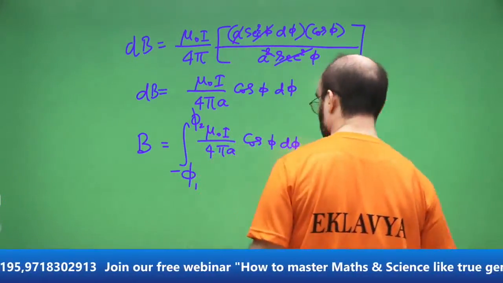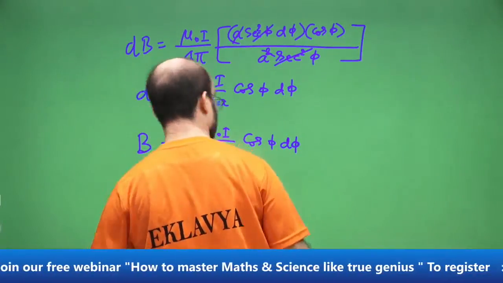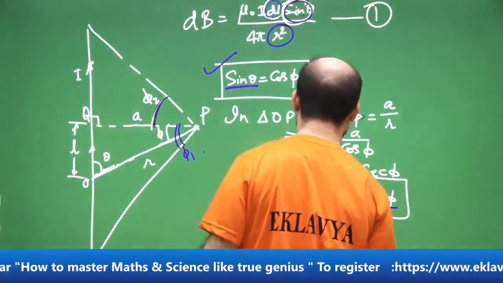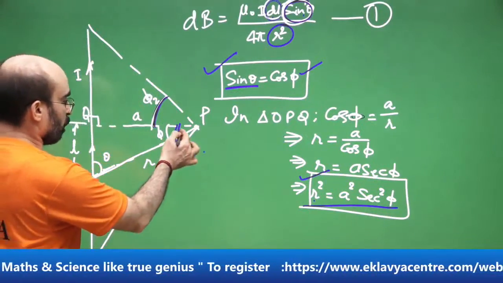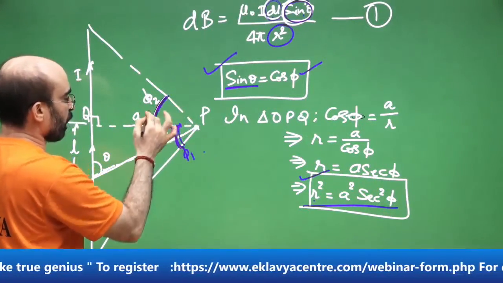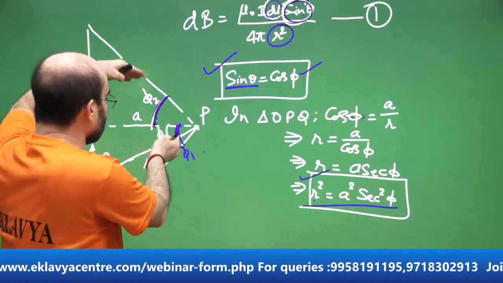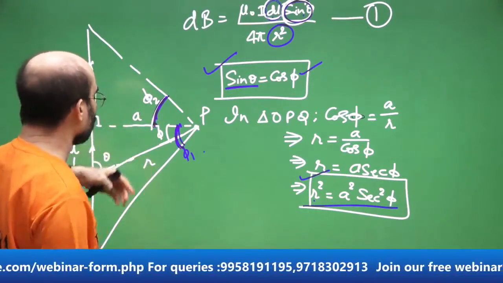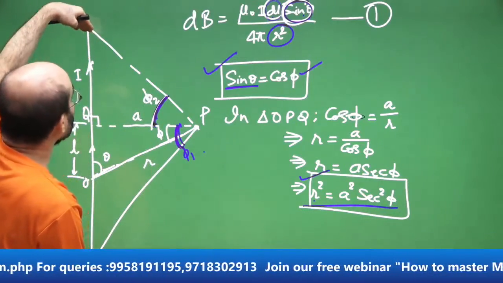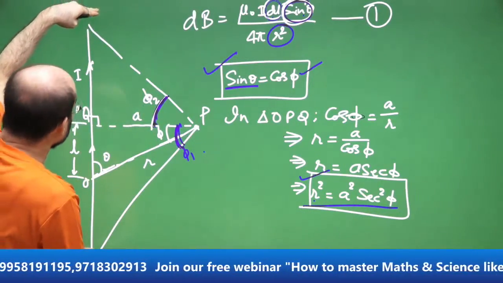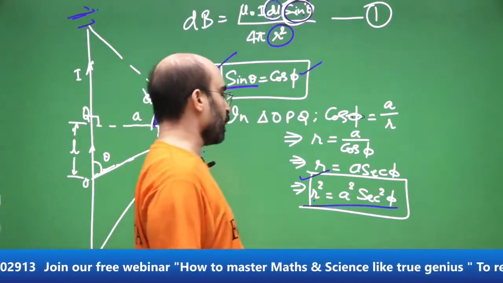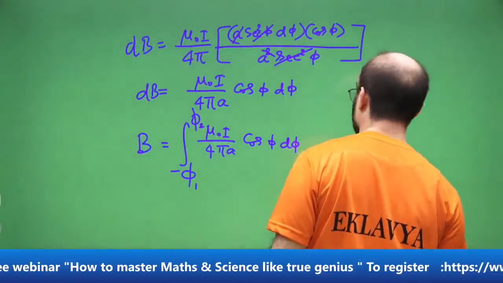If you can see the diagram, this is phi 1 and this is phi 2. So if we integrate this over the limits phi 1 and phi 2, we will have this for the entire length of the conductor. So this is the final result.